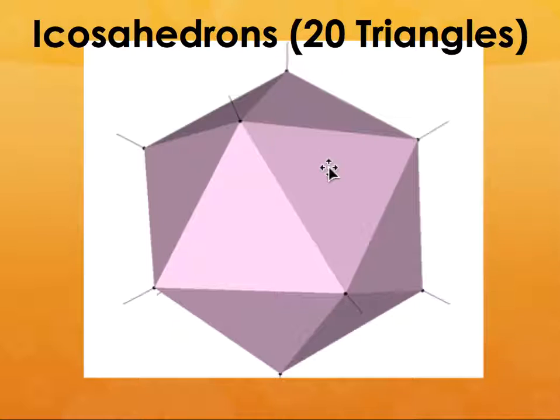So, for example, if you had a part made of 20 triangles, they call it an icosahedron. It's going to have a certain level of accuracy because you are going to have facets there.